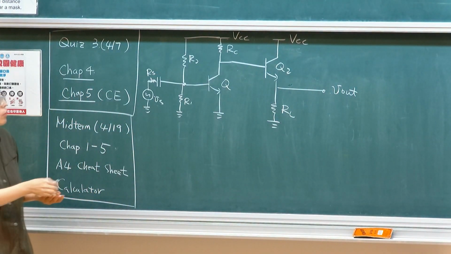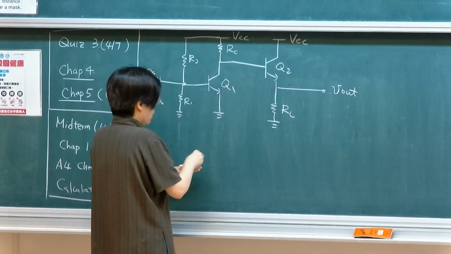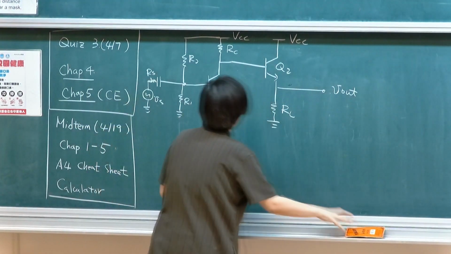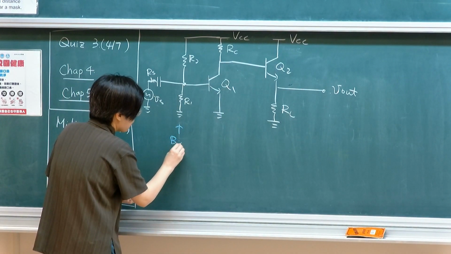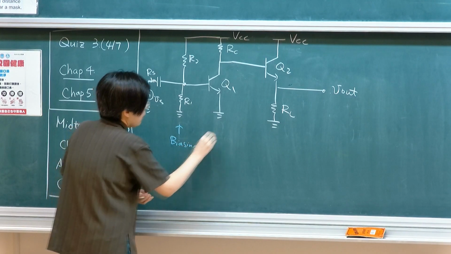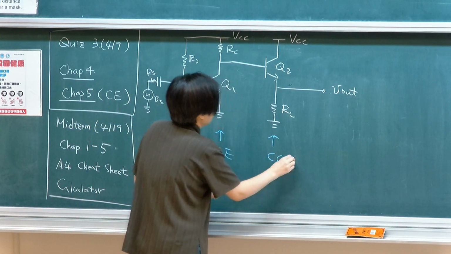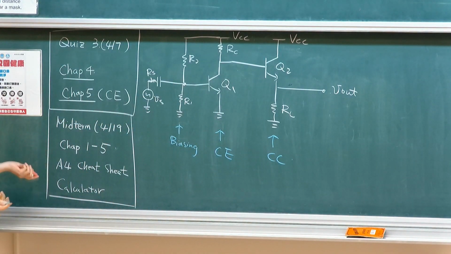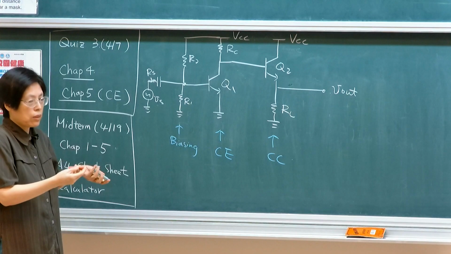I have multiple stages. For example, I have 2 transistors, Q1. So I have biasing. I have a common emitter, and I have a common collector. This is a typical amplifier circuit. So how does one approach this type of thing?